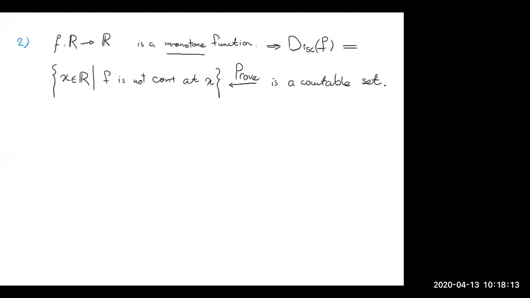So for example, suppose f is monotone. Suppose f is increasing. For decreasing functions, it's quite similar. We can look at the graph of f. The graph of f would be something like this. It might not necessarily be continuous. There are discontinuity points. So it would be like that, right?